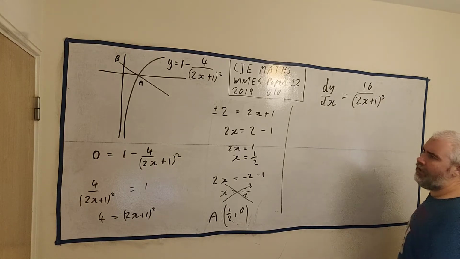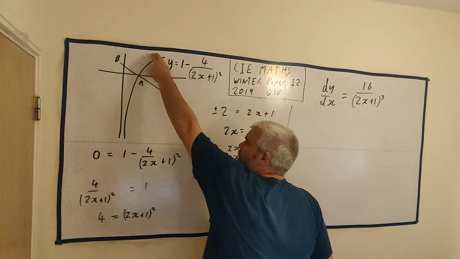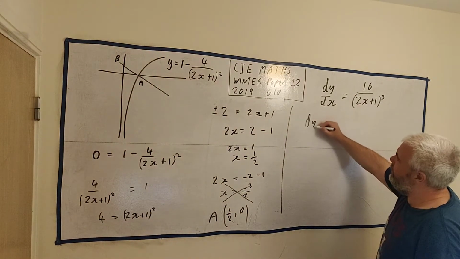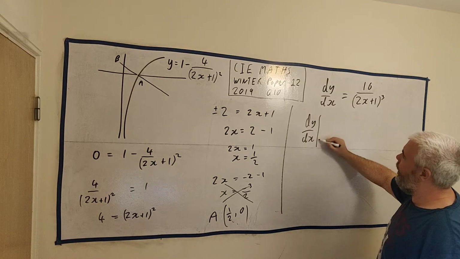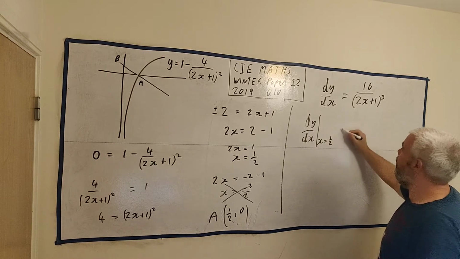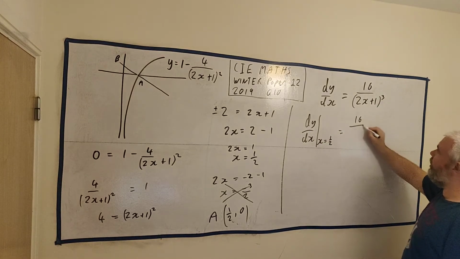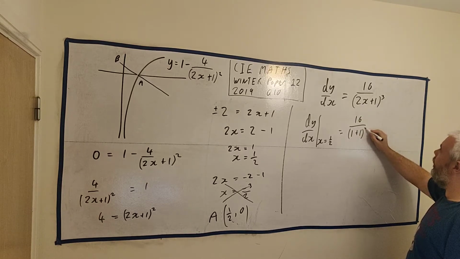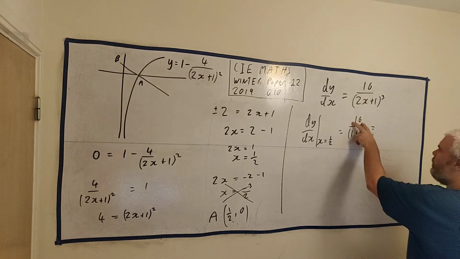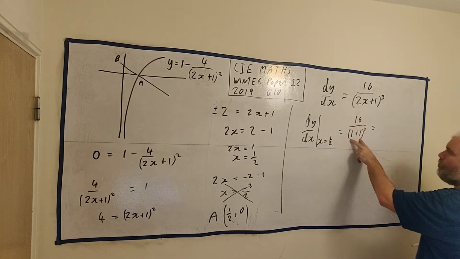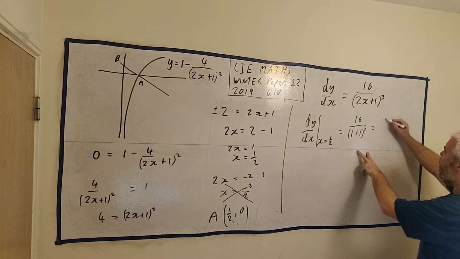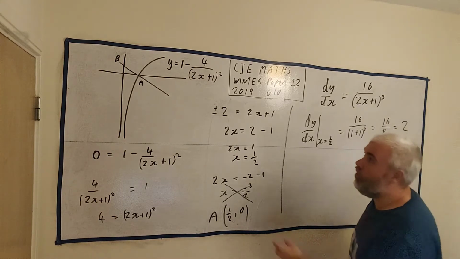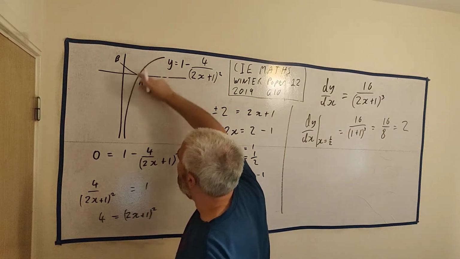And to find the slope, we just need to know what x is, and we know what x is. dy/dx when x is equal to a half is equal to 16 divided by (2 times a half is 1, plus 1) cubed. That's 16 divided by 2 to the power of 3, which is 16 divided by 8, which is equal to 2. So the slope at this point here is 2.